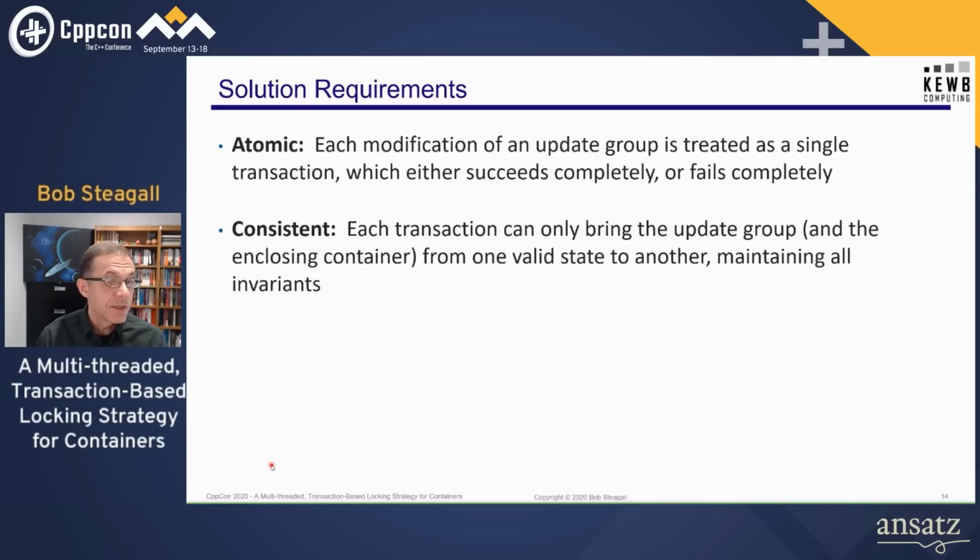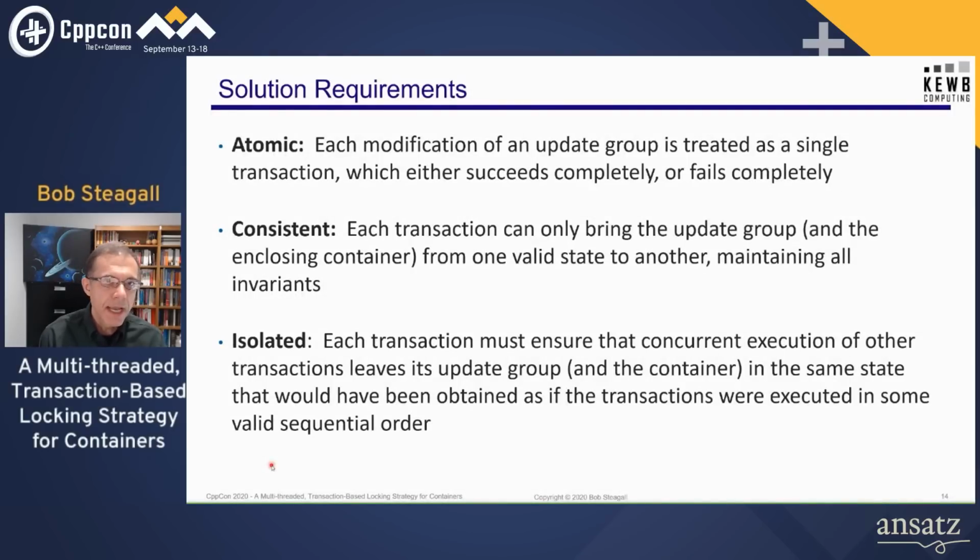The state of the history, the state of the container, has to be consistent from transaction to transaction, meaning that when a transaction occurs, it can only take the update group from one valid state to another. And of course, if the transaction is rolled back because the update can't be performed, then I'm going from the previous valid state back to that state.